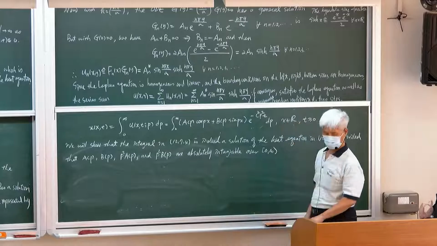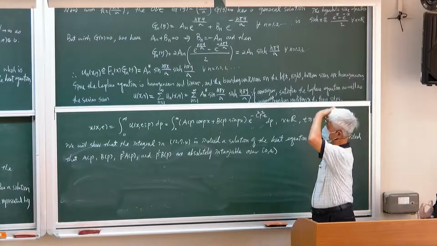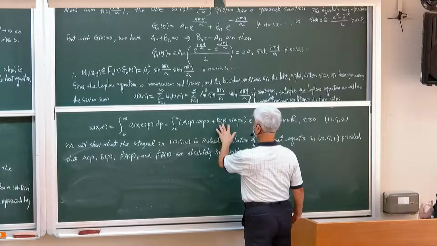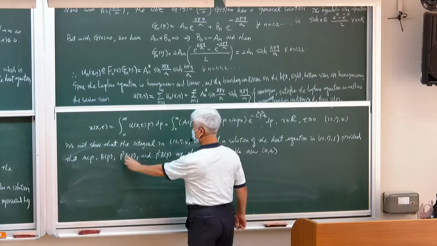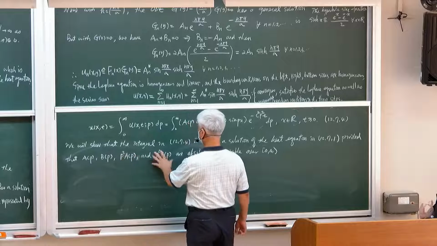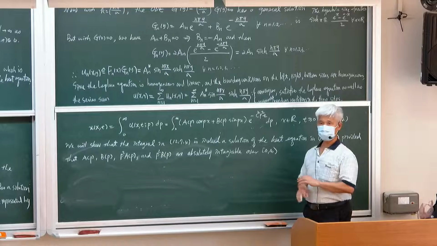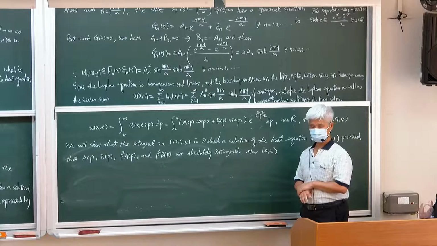Okay. So AP and BP are functions of p, and p squared times AP and p squared times BP are absolutely integrable over this semi-infinite interval.